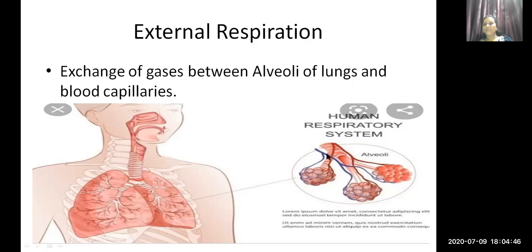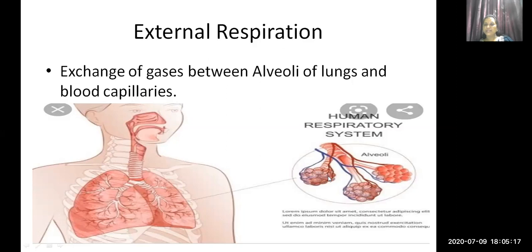So this is the blue colored pulmonary artery, which further divides and redivides into blood capillaries, and these blood capillaries inside the lungs surround the alveoli. At the same time, the blood releases carbon dioxide into the alveoli, and the oxygen from the alveoli enters the blood capillaries.